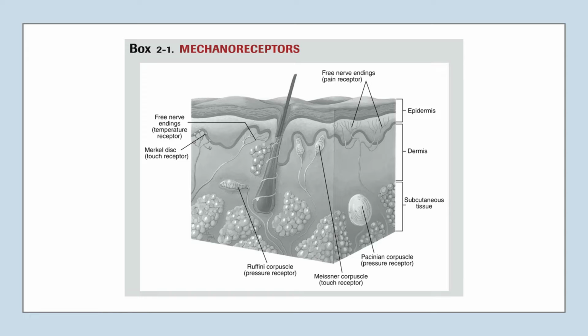So we'll first look at this picture here, and it's labeled mechanoreceptors, but it has all sorts of different nerve fibers that will sense different components within the skin. And these also occur in ligaments and muscles, different types of tissue that have pain receptors as well.